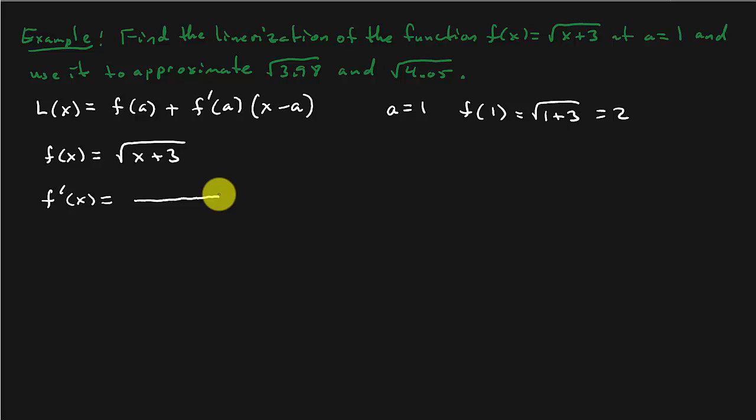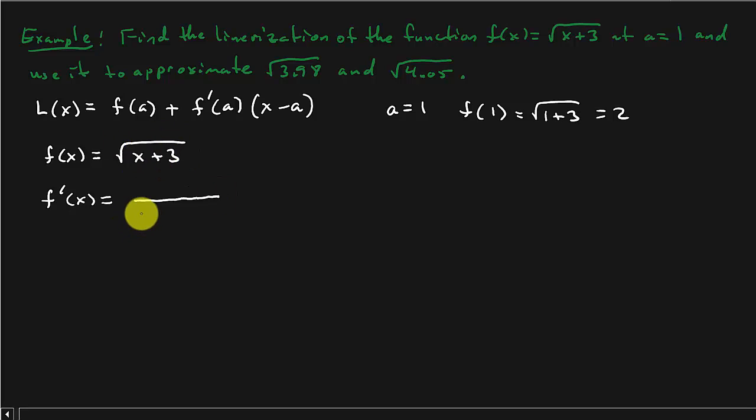So the shortcut is: 2 times whatever the square root is goes in the denominator, and then the derivative of what's underneath the square root goes in the numerator. The derivative of x plus 3 is 1, and so there's your derivative.